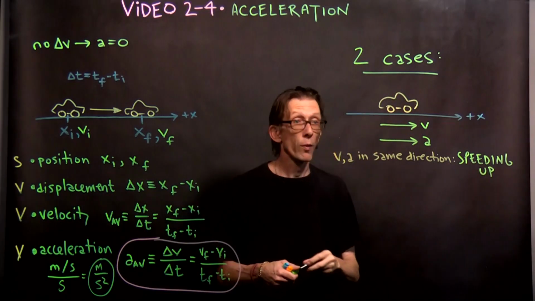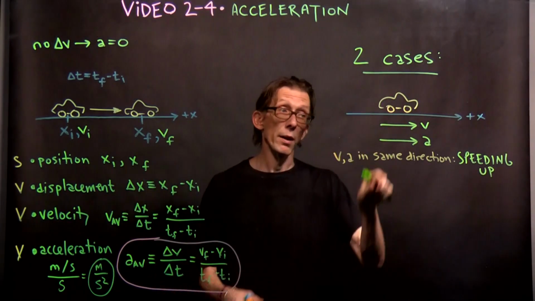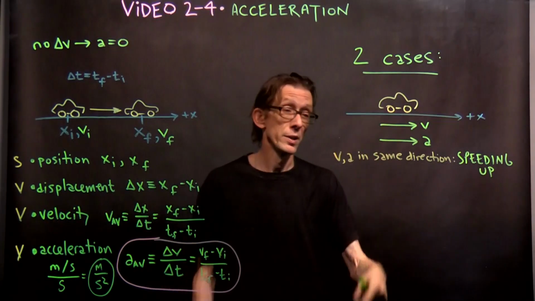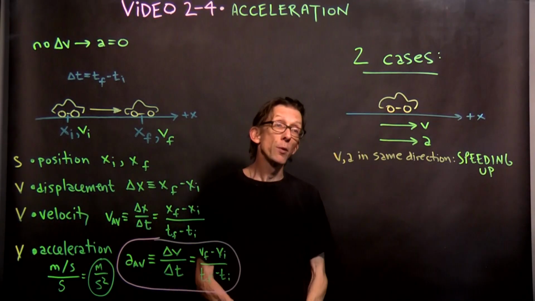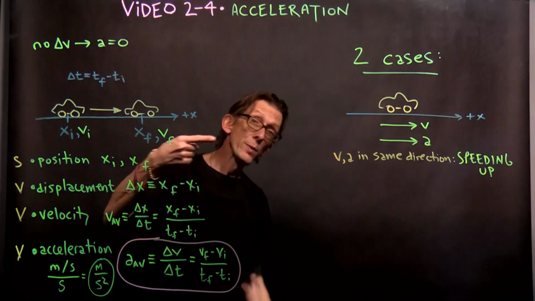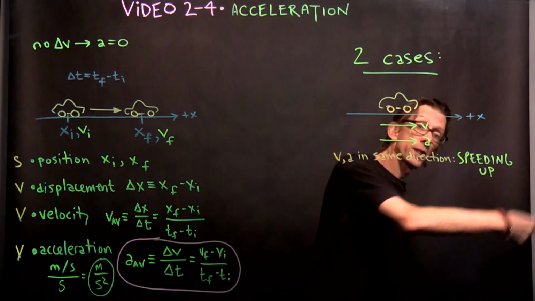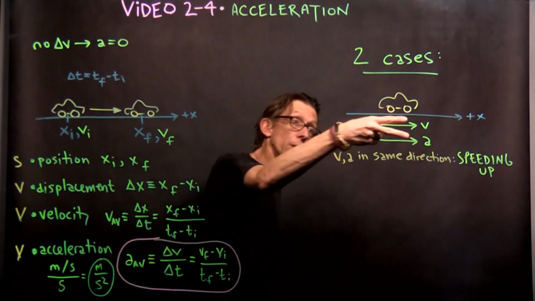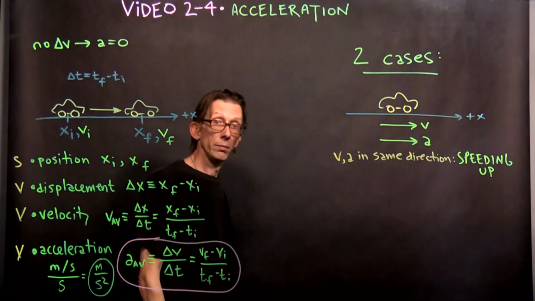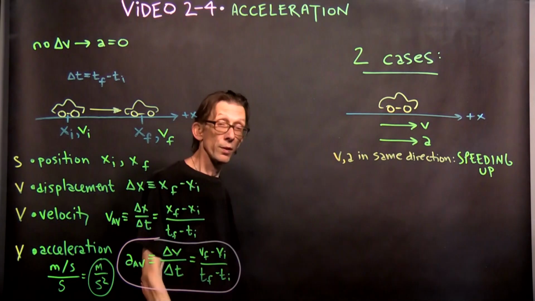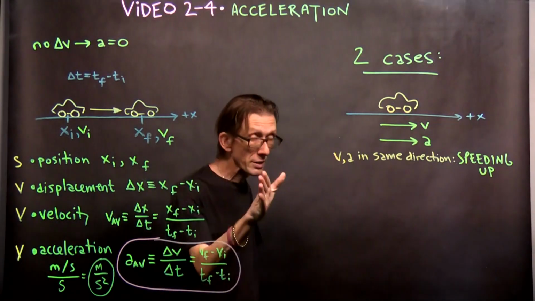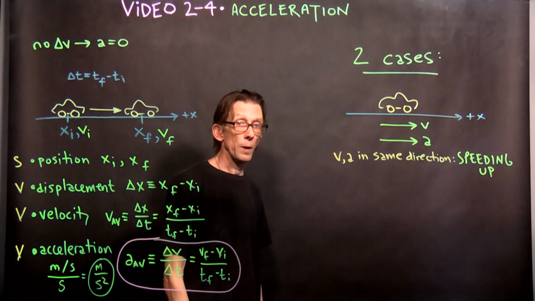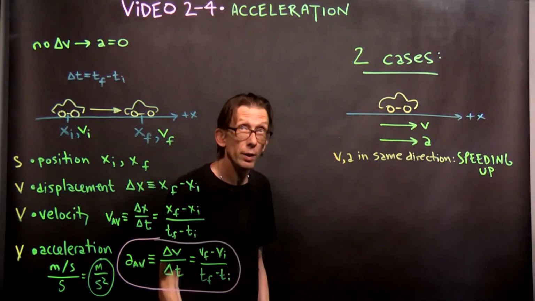And this doesn't depend on what direction we call positive. Doesn't matter if we call the right positive or left positive. If V and A are in the same direction, the car is speeding up. So if the car is moving to the right and going faster and faster and faster, that means that acceleration and velocity are in the same direction. Velocity and acceleration are different. That's important.